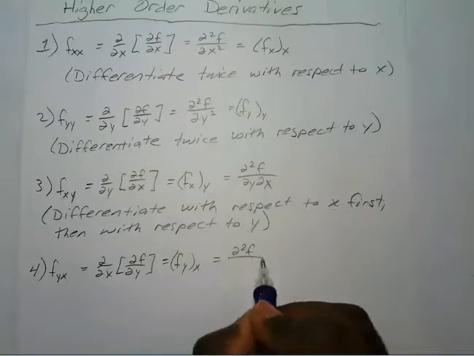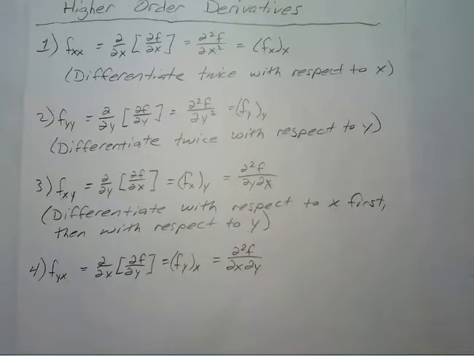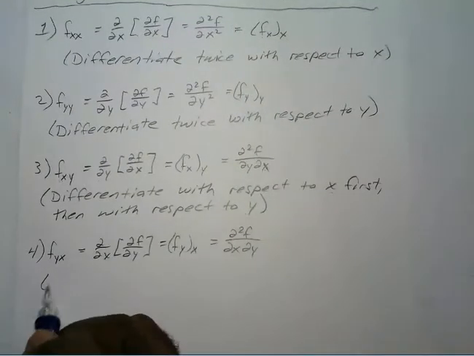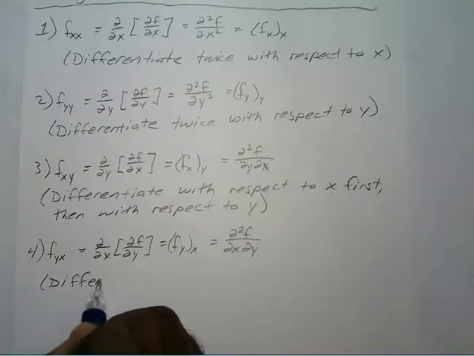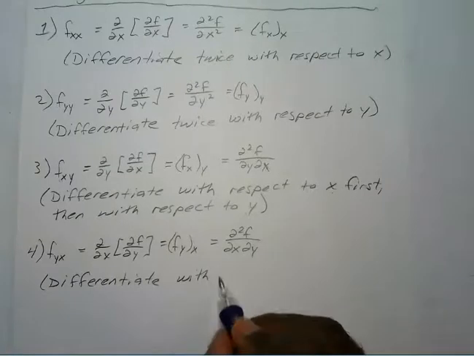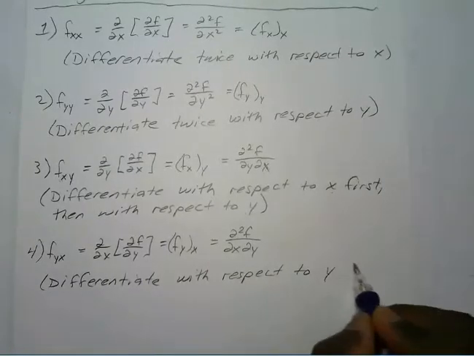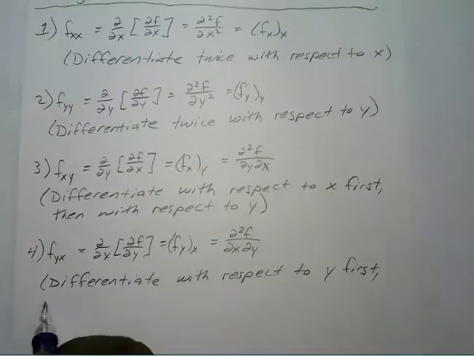Or the second derivative of f with respect to y and x. Okay, all of these mean the same thing. Differentiate with respect to y first, then with respect to x.